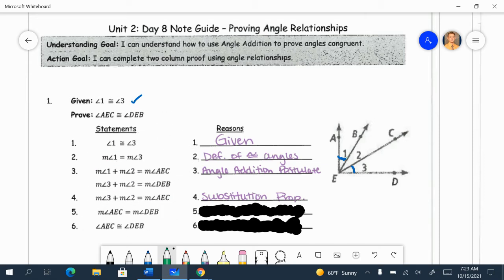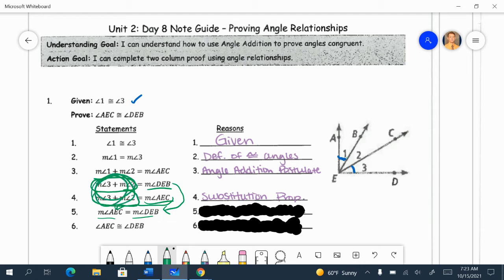Let's continue to number 5. What's happening down here? Well, now I can see that they've got measure of AEC and measure of DEB set equal to each other. They can do that because if you look here, the second line of number 3 and the number 4 here have the same thing on the left-hand side, and they're equal to different things. So these two things can be put down here and set equal to each other as well, because these things are the exact same right here.